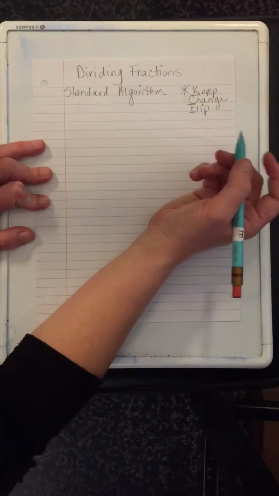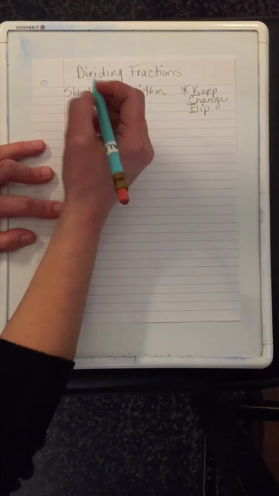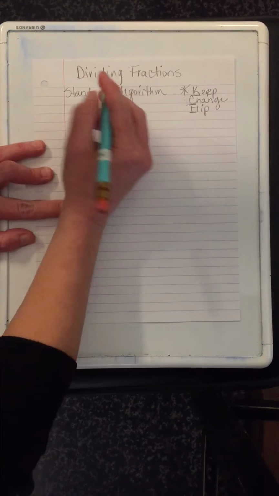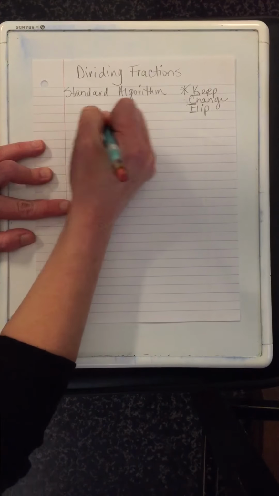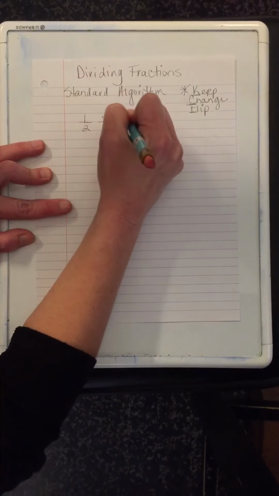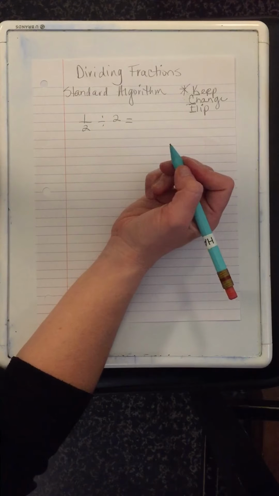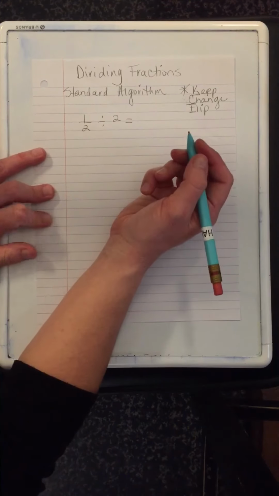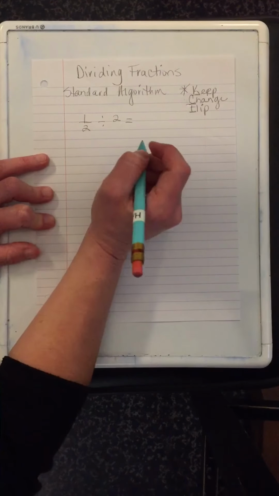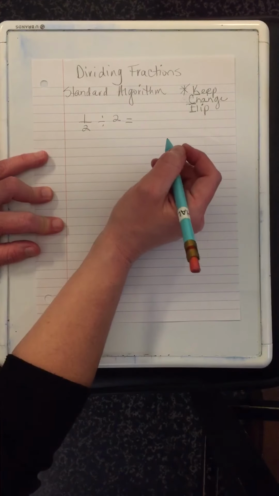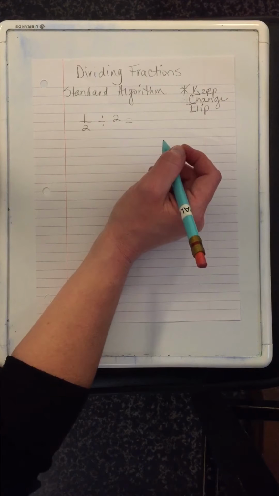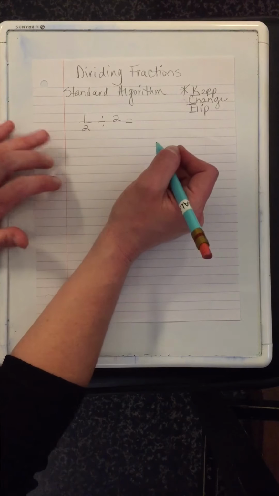All right, so we're going to divide 1/2 divided by 2. So the process here is that we need to make sure that we make both numbers look like fractions. So I expect for you to be making both of these numbers look like fractions.